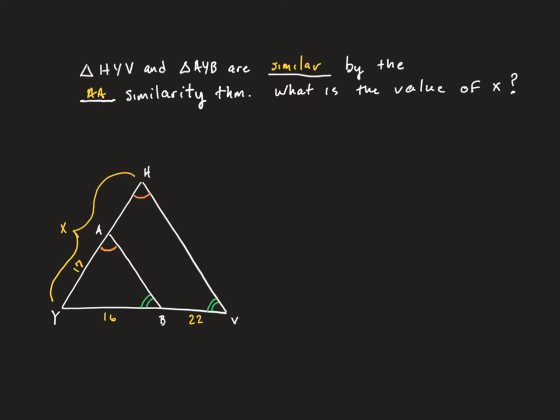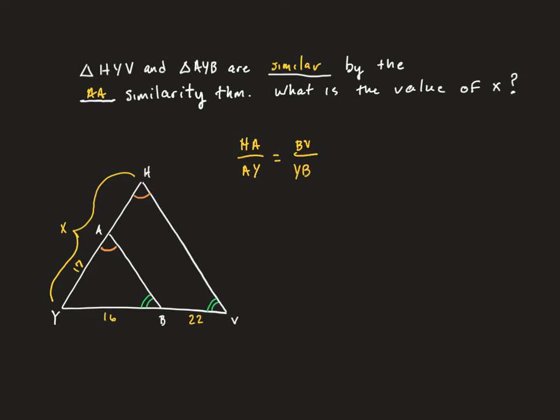Well, given some of the stuff that we were just talking about, the ratio of HA over AY is going to be equal to BV over YB.